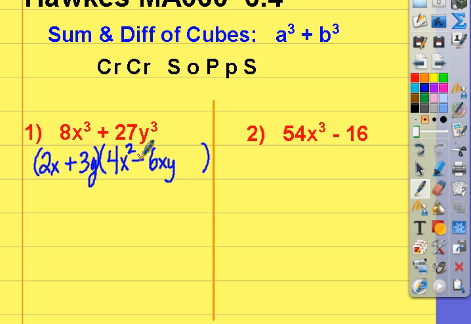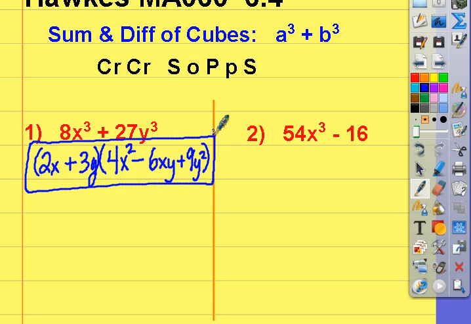Just take the product and forget about the sign. This little P means plus, and this big S means square it. But this time you're squaring the last term. So it's 9y squared. I would definitely write down this acronym and keep track of that and practice that and maybe write what each one of those terms means.